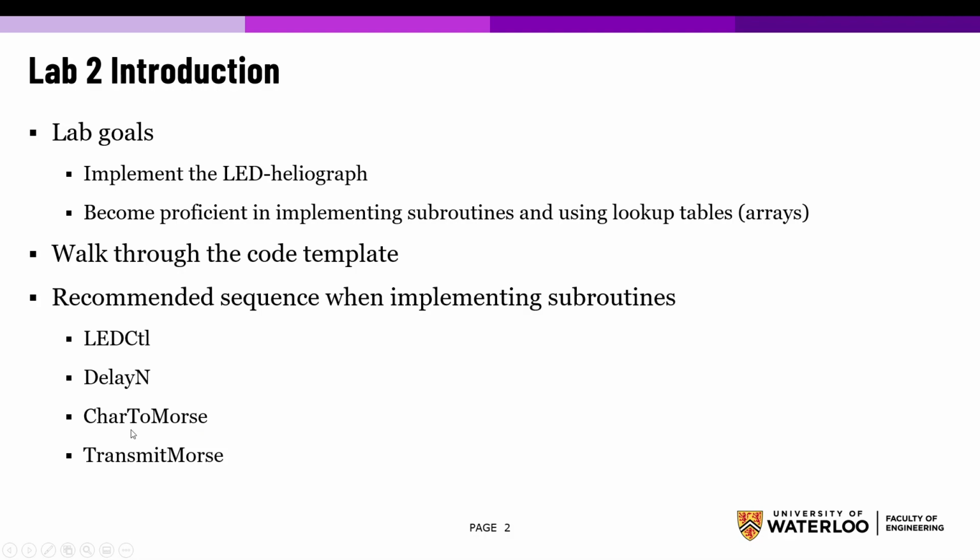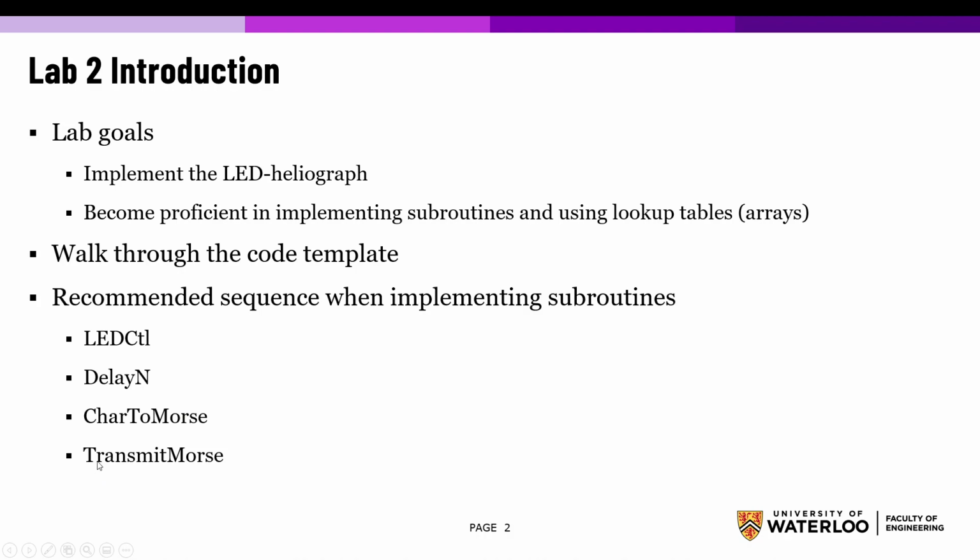Then I would recommend that you work on char to Morse. This subroutine is the one that will take in that character that you read from the input LUT, and you're going to convert that into its Morse equivalent. So in this subroutine is where you have to handle the other array we're giving you, and in that case you're going to have to use base address, base plus offset, to compute the target address you want to read for the Morse code.